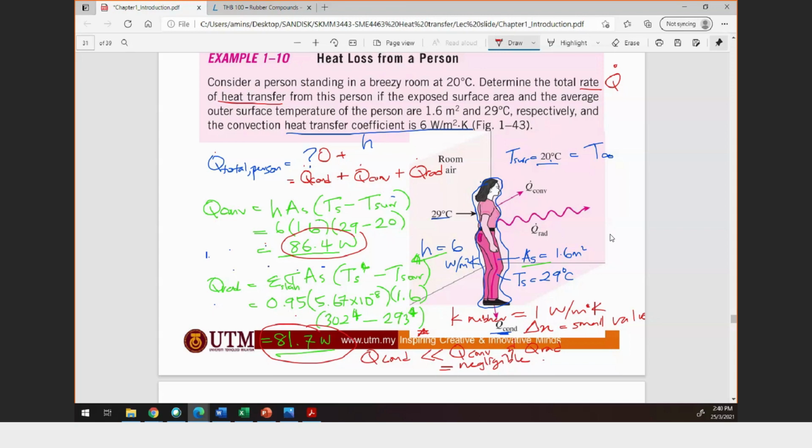So this one is 86.4 plus 81.7. In total, you will produce about 168.1.